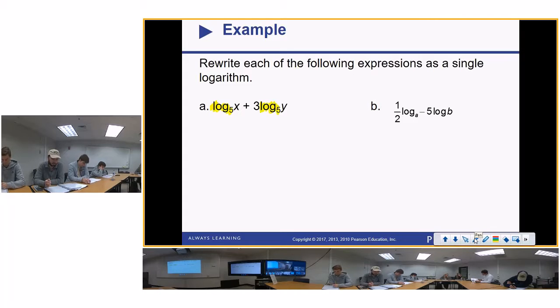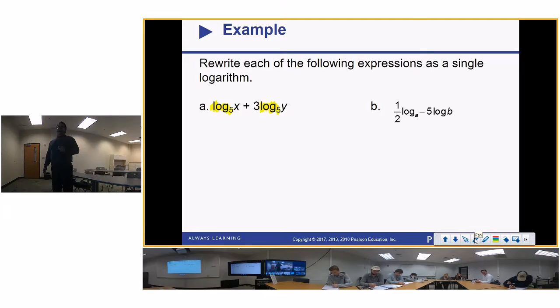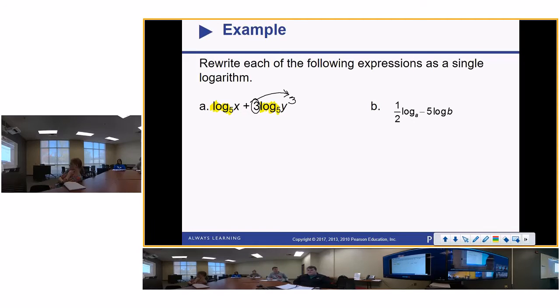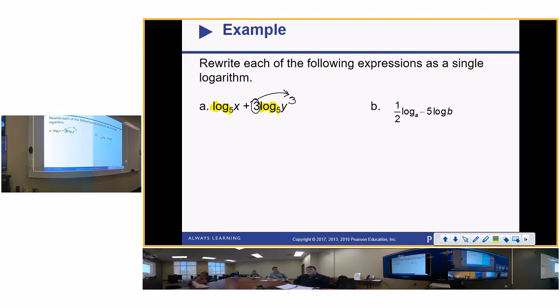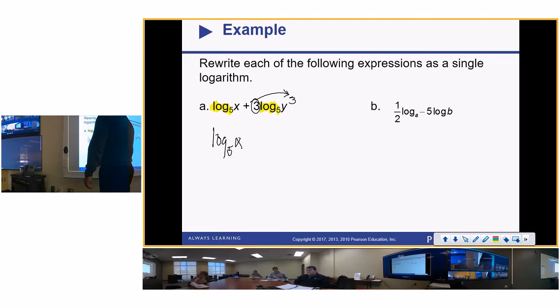That if you have a power, you can pull it out front, or if you have something out front, you can pull it into the exponential slot. So what can I do with this 3 right here? I can make it an exponent. And now I have log base 5 of x, plus log base 5 of y to the 3rd power.